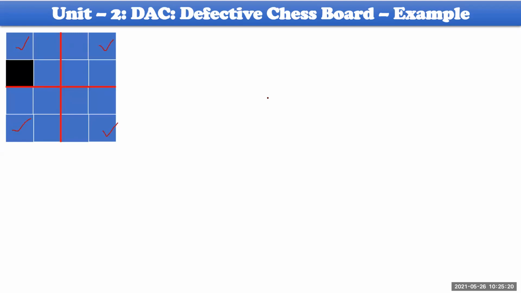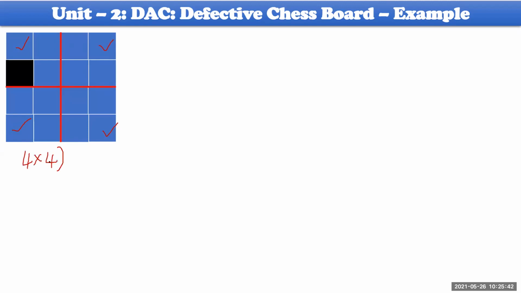And what is our problem condition? If you take any subproblem as a whole problem, there is no problem. Consider this is a 4 by 4 kind of chessboard.